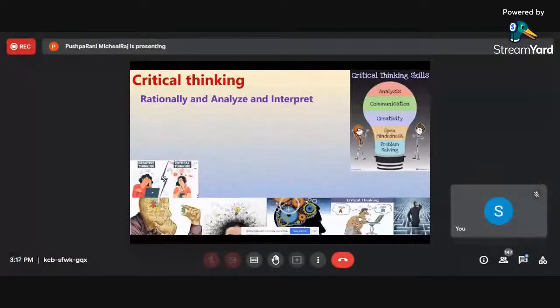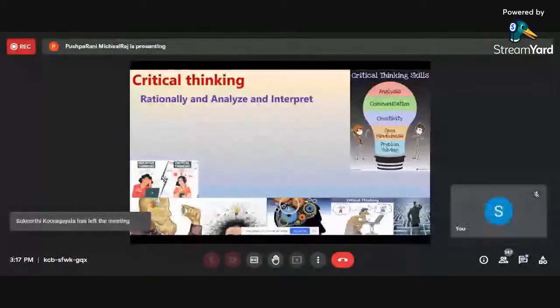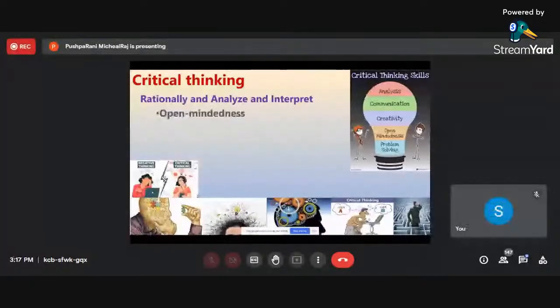You may think that a finding is useless, but if you are able to connect it and give a good interpretation and meaning for your finding, that is what is called critical thinking. While doing critical thinking, you must be very open-minded, accept criticism, and give a good analysis.